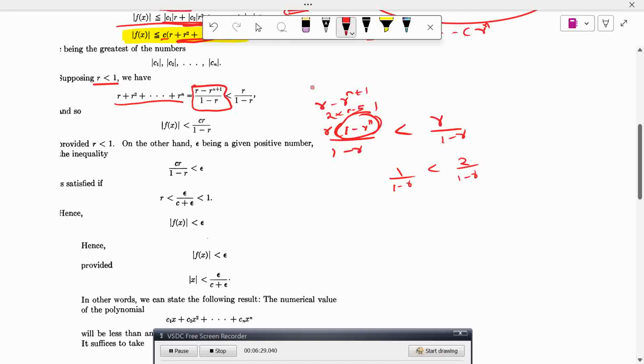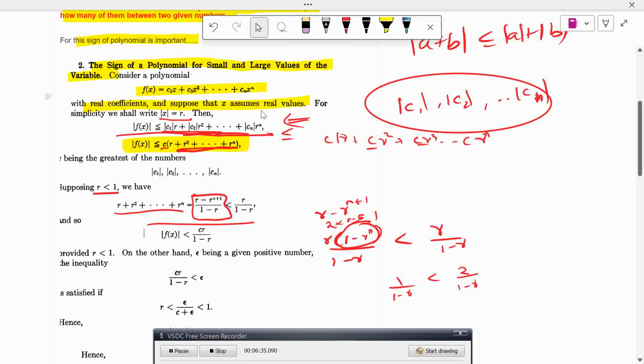So similarly we will get that. Okay. So this portion became r into 1 minus r, so we will get mod of f of x is less than c r by 1 minus r, provided r is less than 1.